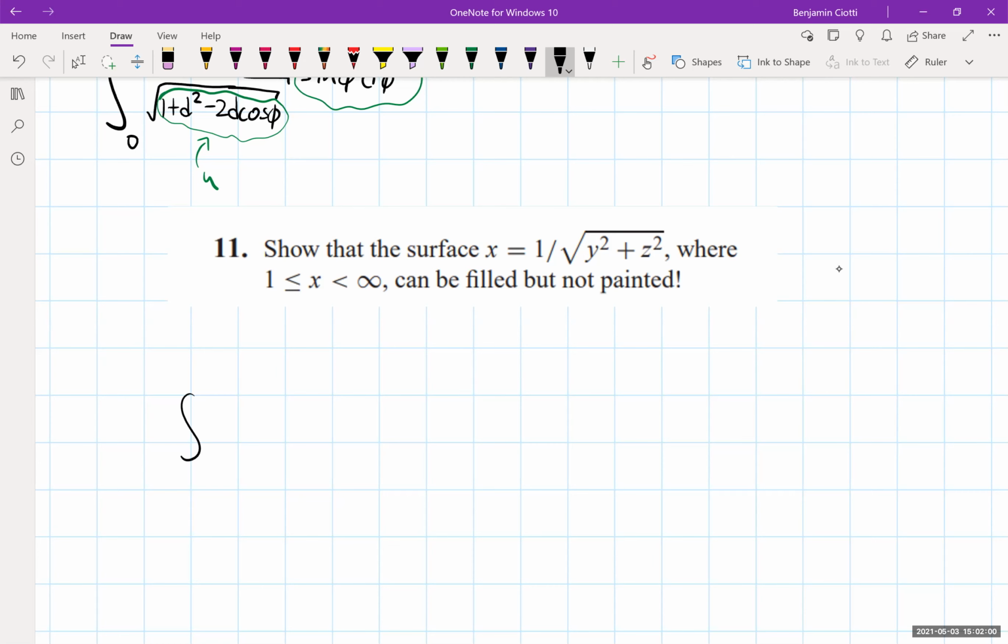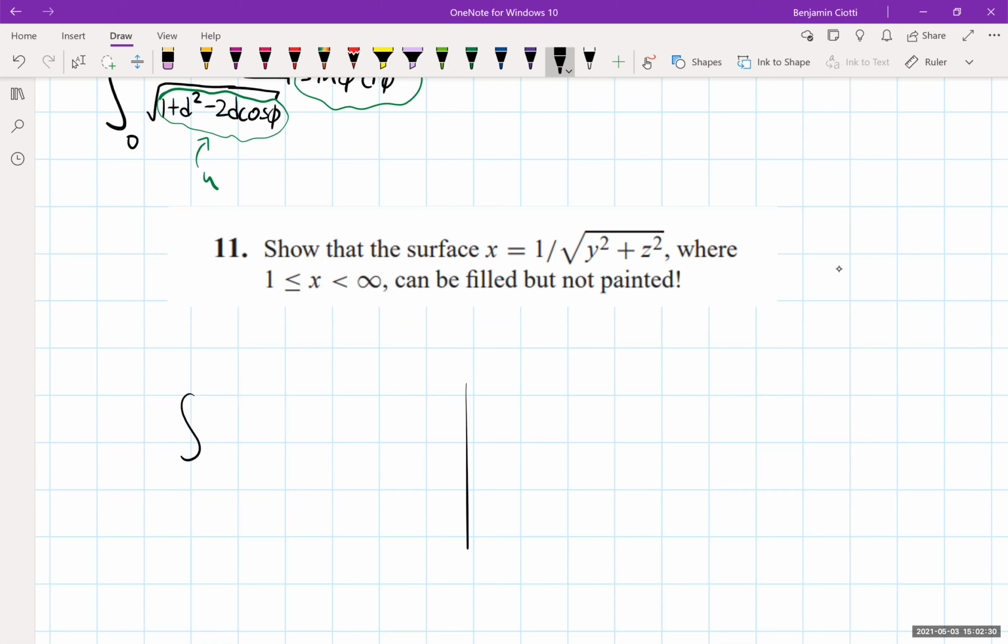Yeah, I would, let's see. Did I give you a formula for a surface of revolution? Yeah. Or the surface area of a surface of revolution? Yeah, I did, didn't I?